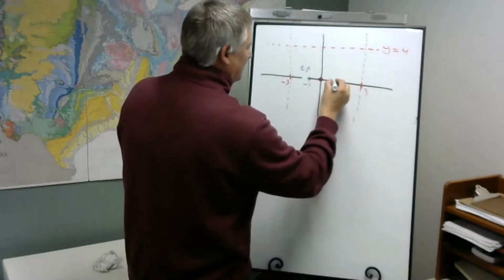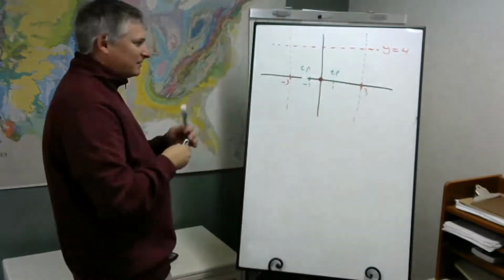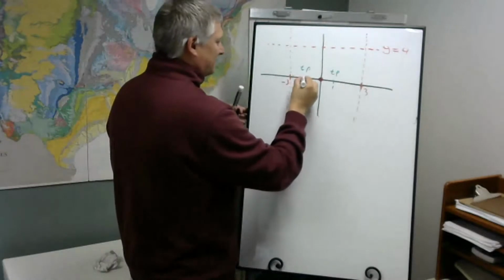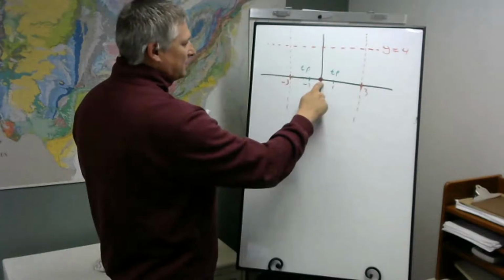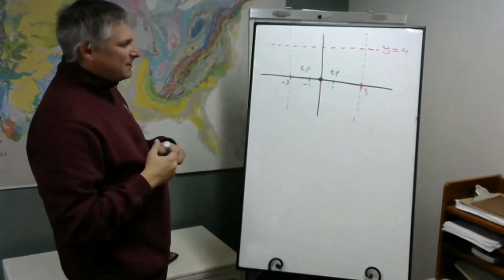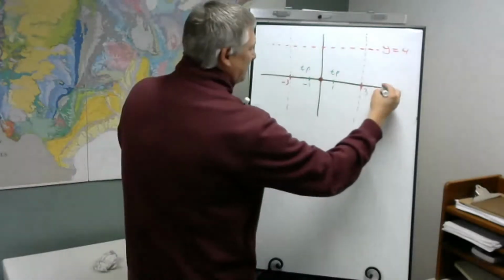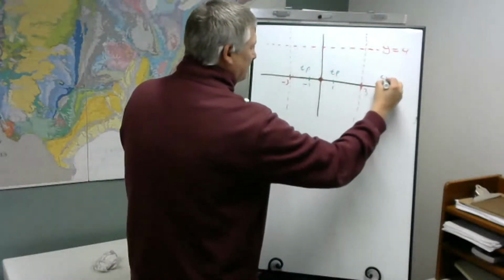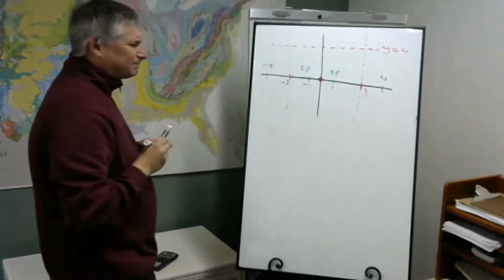Negative 1. And then we'll do a test point of 1. So that's between the vertical asymptotes and the x-intercept. And then out here, let's do a TP of 4 and a TP of negative 4.